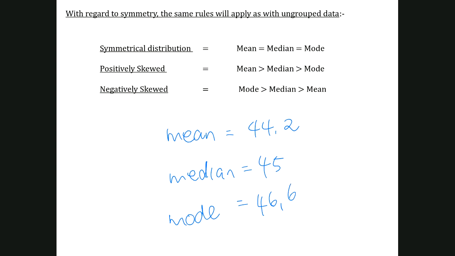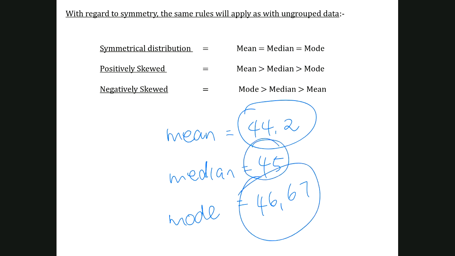So once we've calculated them, they're going to ask you to comment on the skewness. So as you can see here, the mean is the smallest value. It's smaller than the median and the mode. So basically the mode is the largest value, which means that, and you'll say that therefore the data set is negatively skewed.